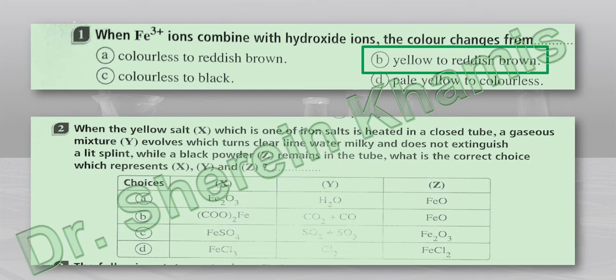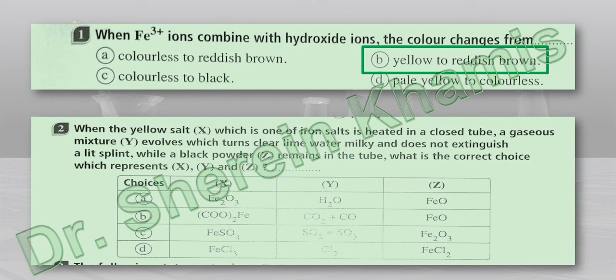Here we have the choices. Number A: X is iron 3, Y is water, and Z will be iron 2 oxide. The second one: iron oxalate, carbon dioxide and carbon monoxide, and iron 2 oxide.